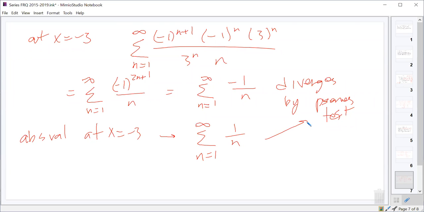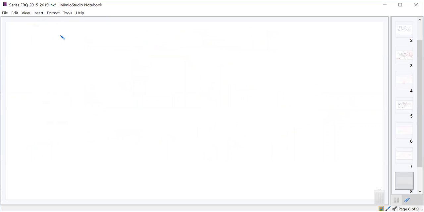So we know that it does not converge, nor does it converge absolutely at x equals -3. Good? All right, what about at x equals 3?